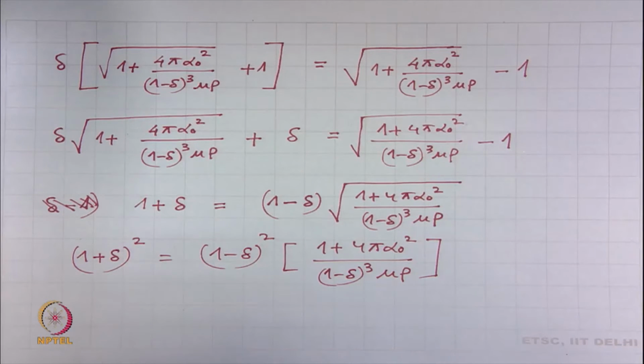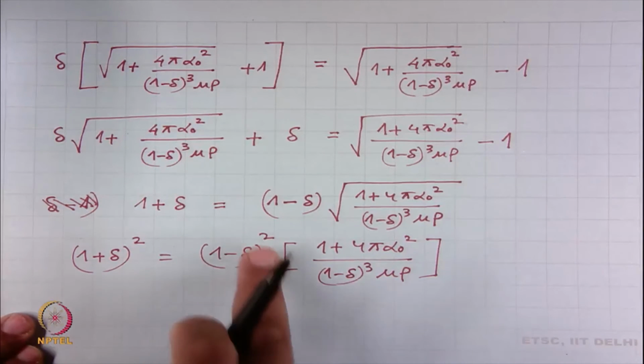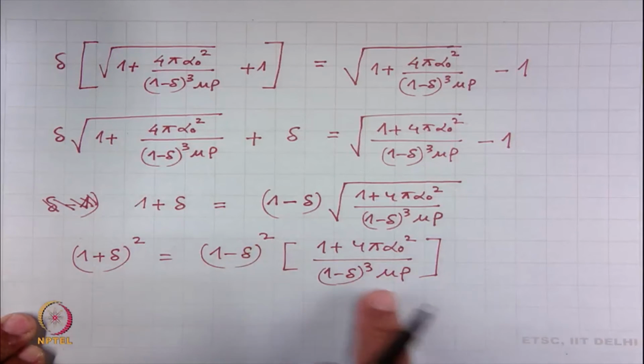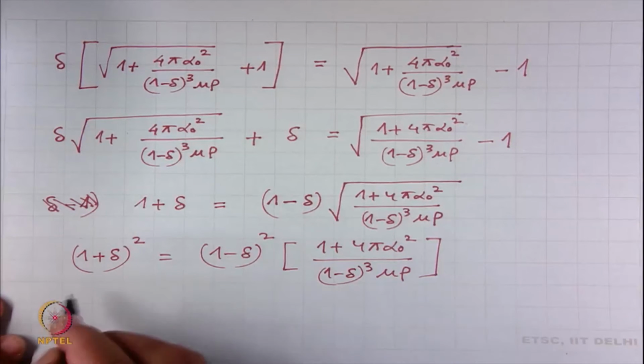Is not it? Right. So, now what we see is that here it is 2, here it is 3, 1 can be cancelled.